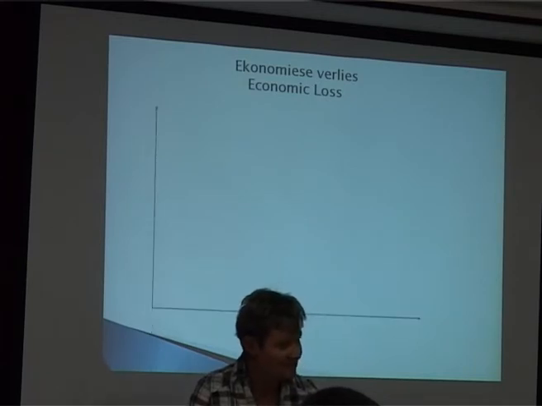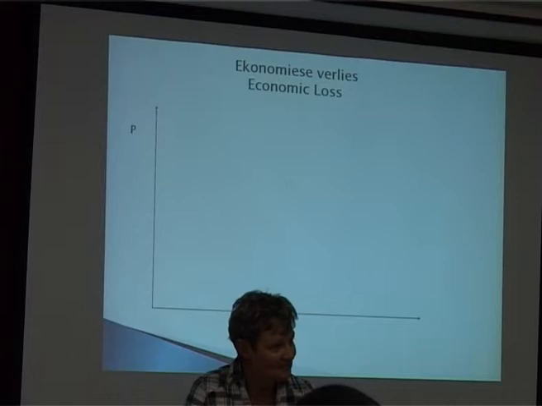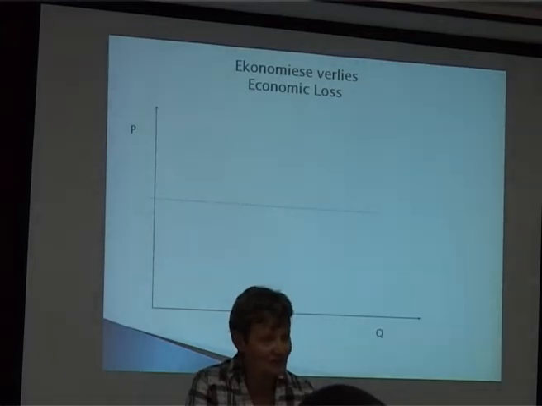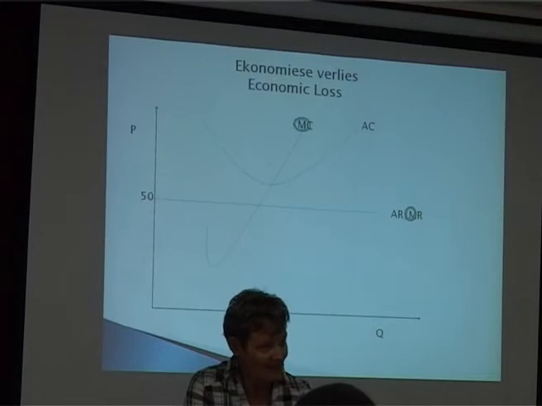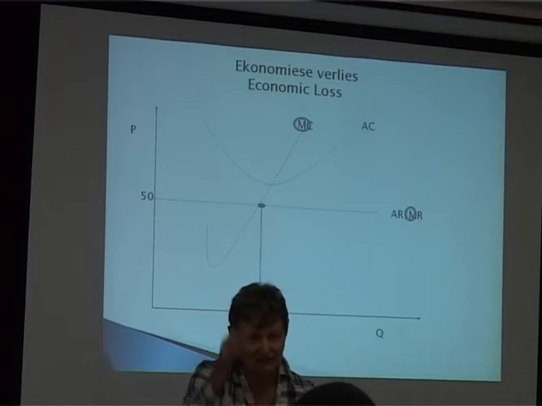First, we do the axes, the P and the Q for price and quantity. We've got the one line, which represents the revenue, the average revenue and marginal revenue. Then we've got the marginal cost and the average cost, where the M and the M intersect. There we've got the quantity.